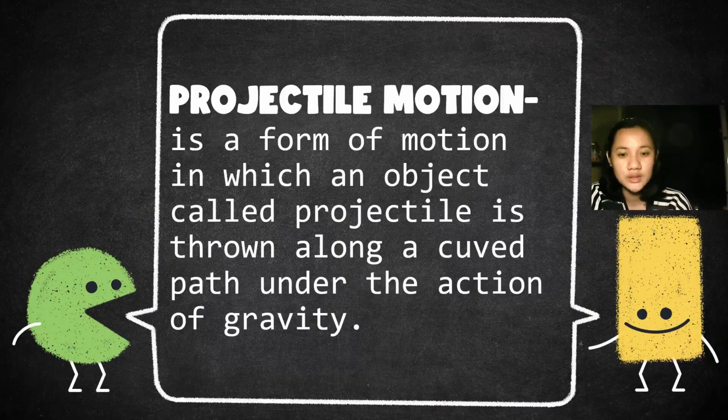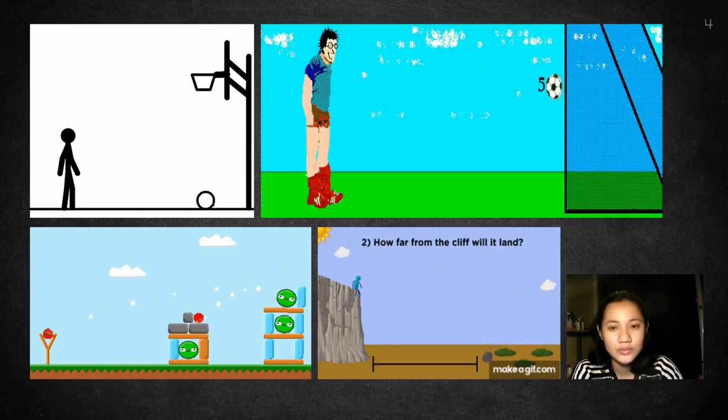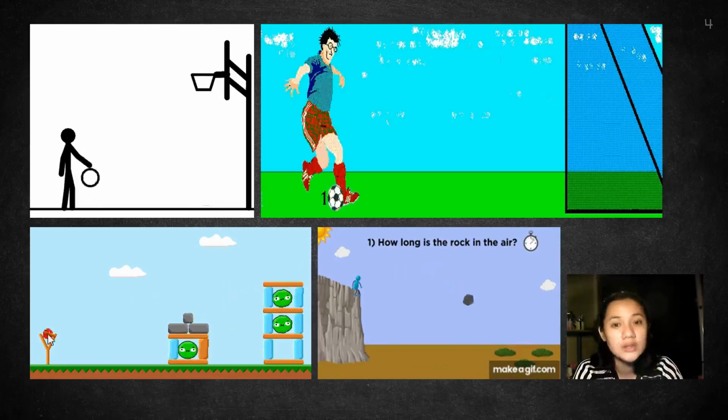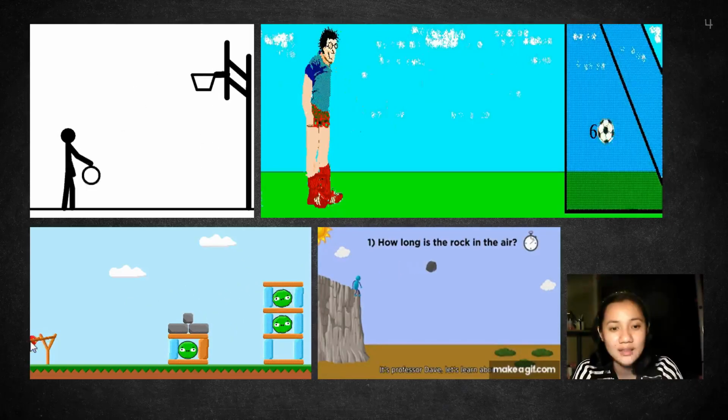Projectile motion is a form of motion in which an object called a projectile is thrown along a curved path under the action or the influence of gravity. So these are some examples of projectile motion wherein an object is thrown, okay, and it follows a curved path.